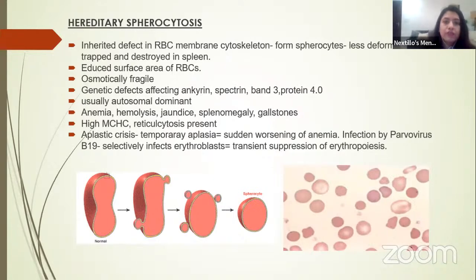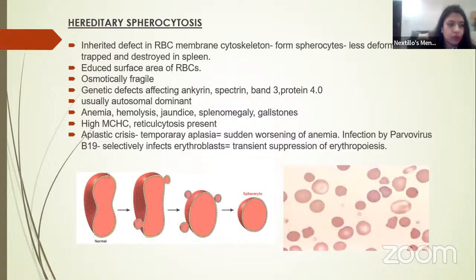So because of which, what will happen? We know that the normal shape of the RBC is a biconcave disc, that is, concave from both sides, right? Now, any problem in the membrane will hamper the membrane elasticity, and it will make it more rigid. Now, this will start becoming more round and more spherical instead of biconcave.